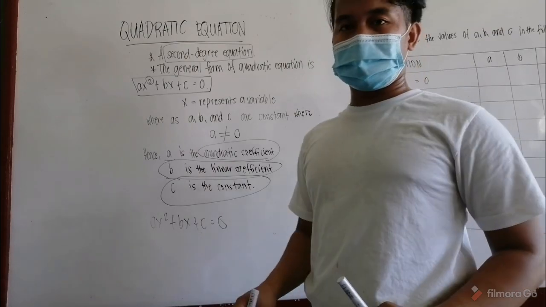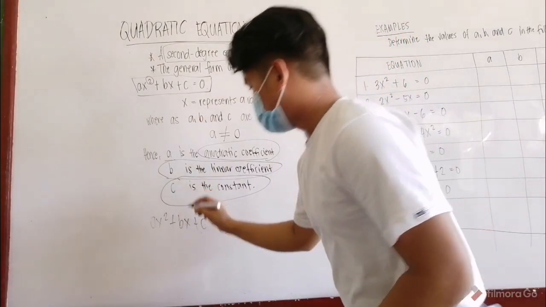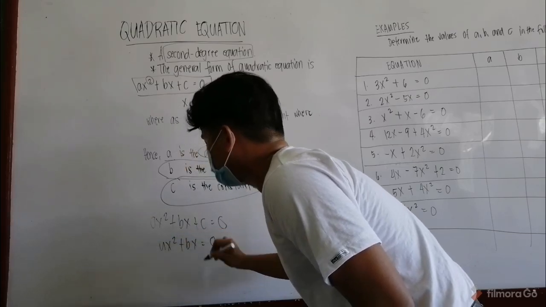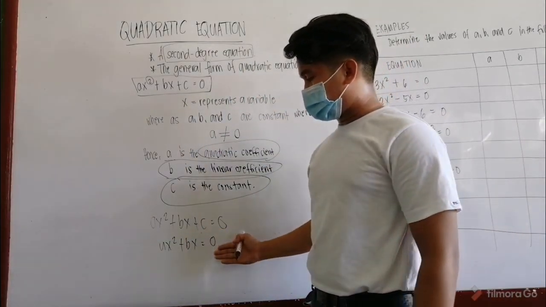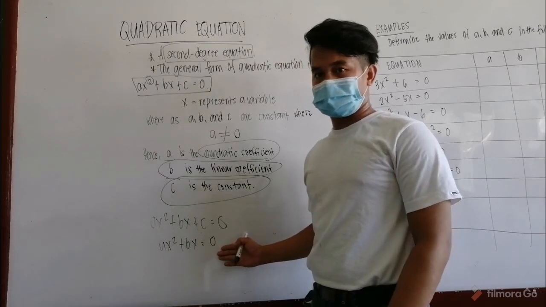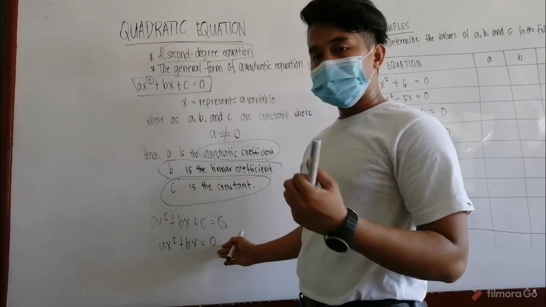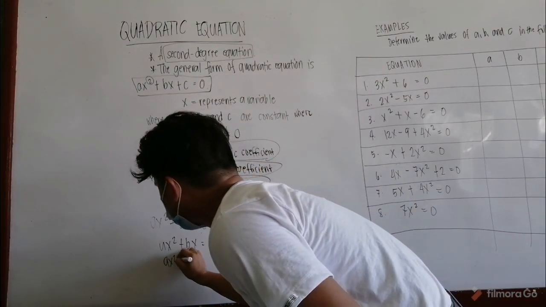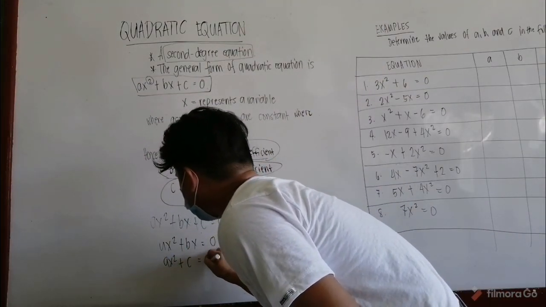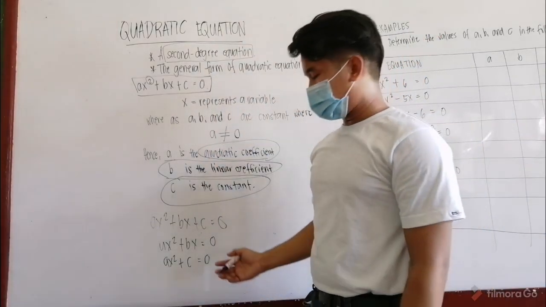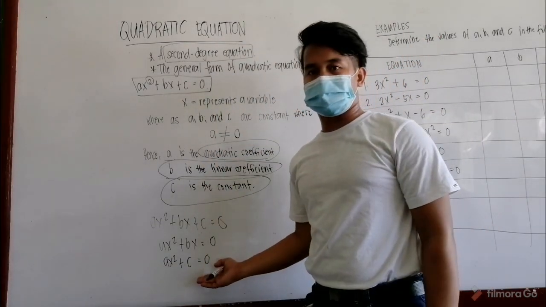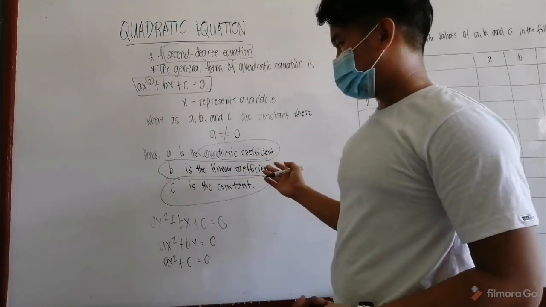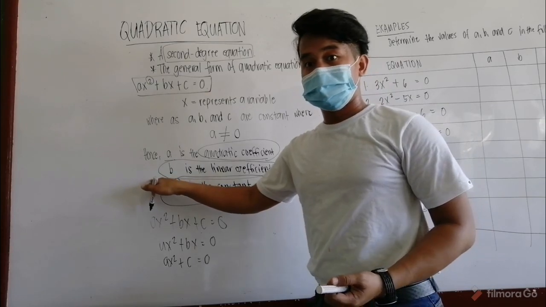Then, we have also the incomplete quadratic equation wherein we have ax squared plus bx equals 0. This example is an incomplete quadratic equation because it has no constant term. Also, we have ax squared plus c equals 0, wherein wala tayo nung middle term, which is the bx or the linear coefficient na b.